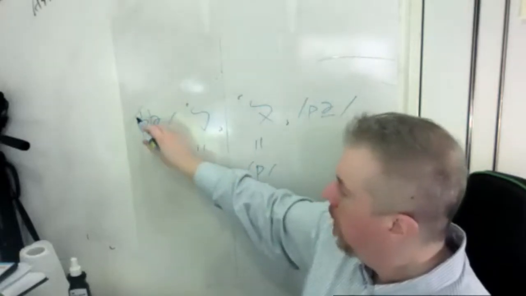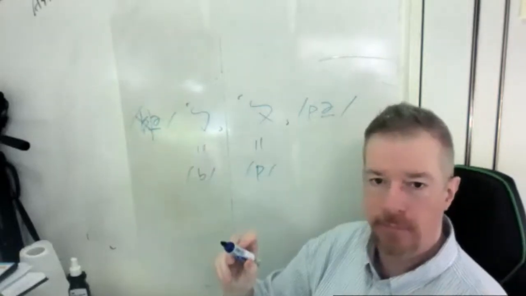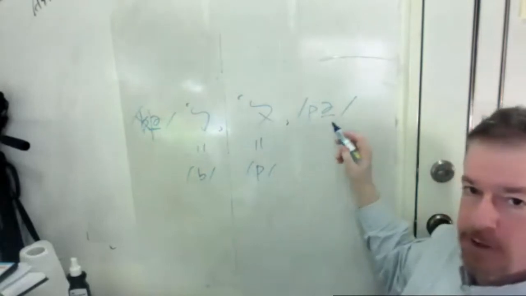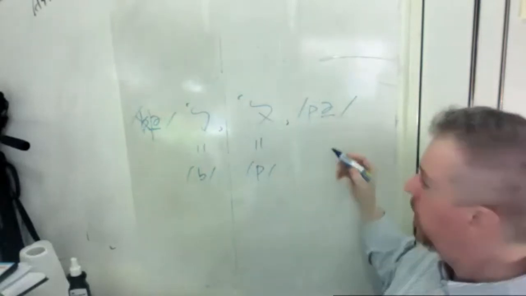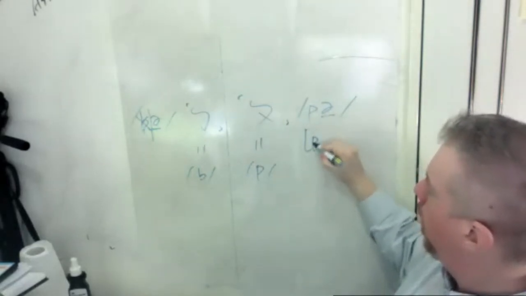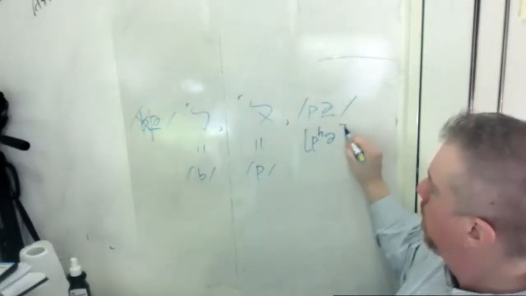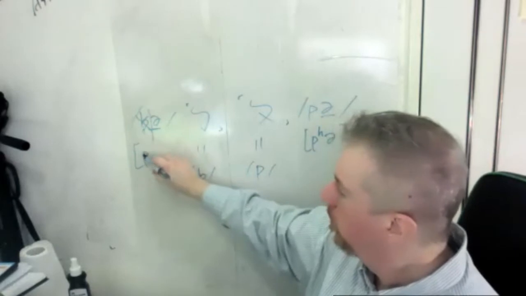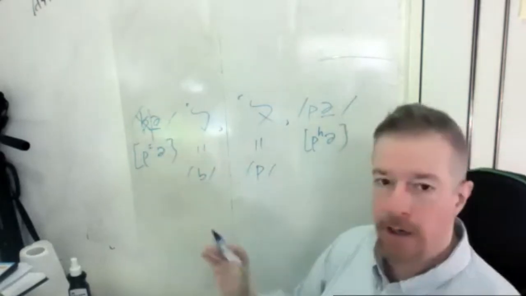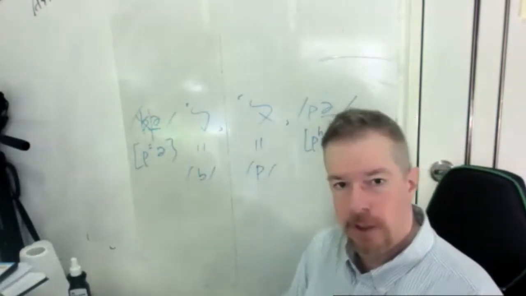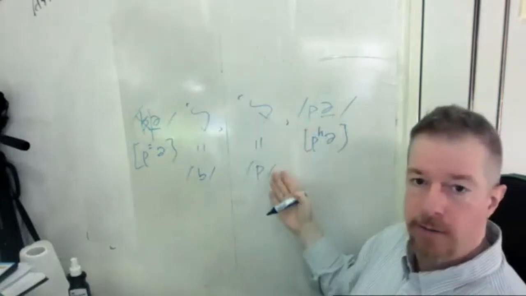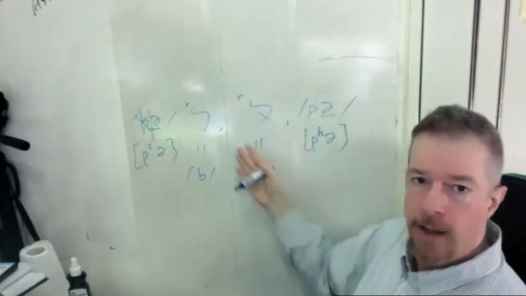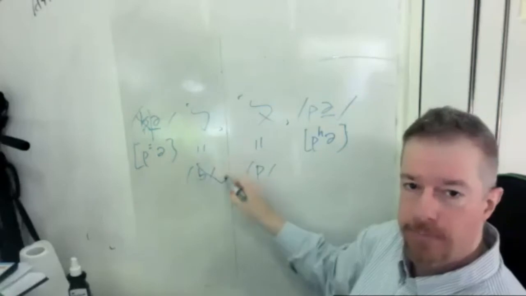This is not a B. This is a P, but what kind of P? This is actually more like an aspirated P. And this is more like an unaspirated P. Which means this is okay, sort of. But this is not okay.